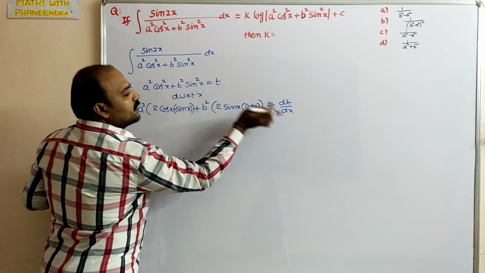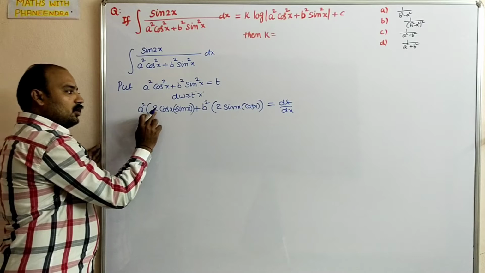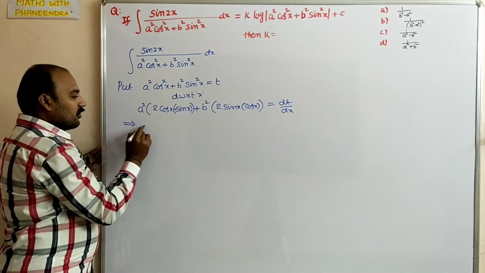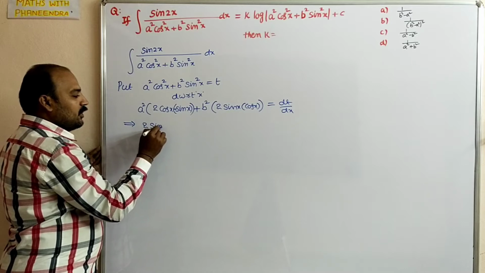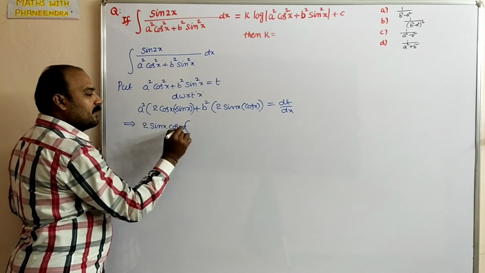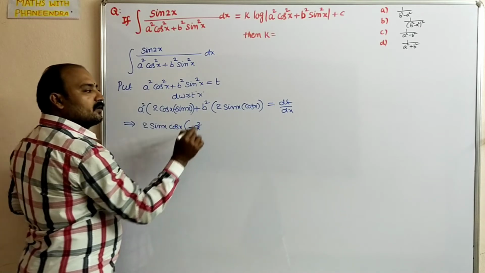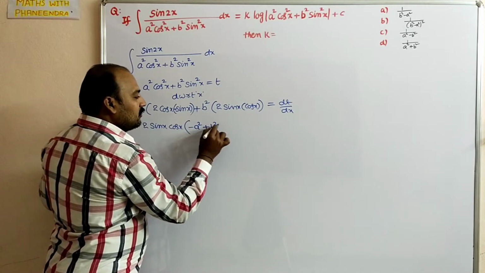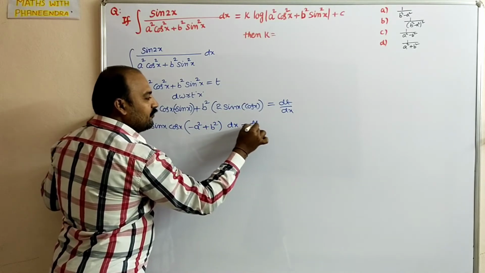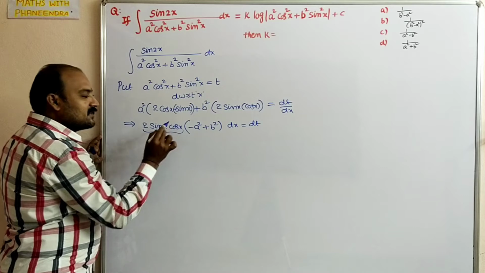T derivative with respect to x: 2 sin x cos x, take 2 sin x cos x common, minus a square plus b square. Dx also we can take this side, equal to dt. We know that 2 sin x cos x is sin 2x.